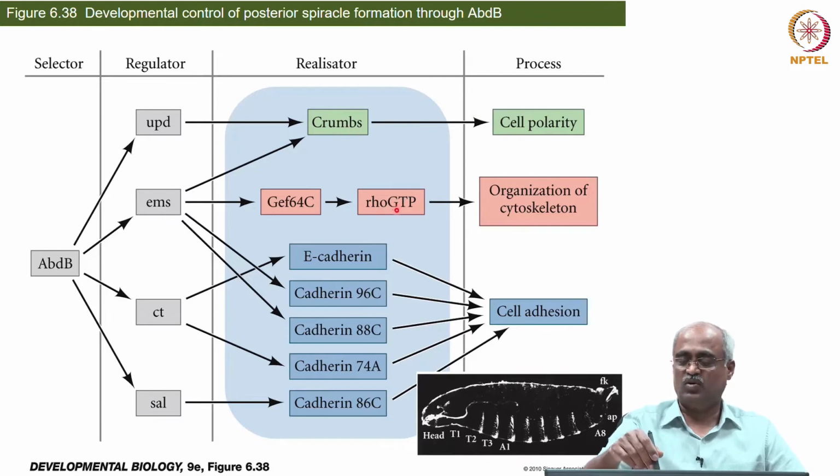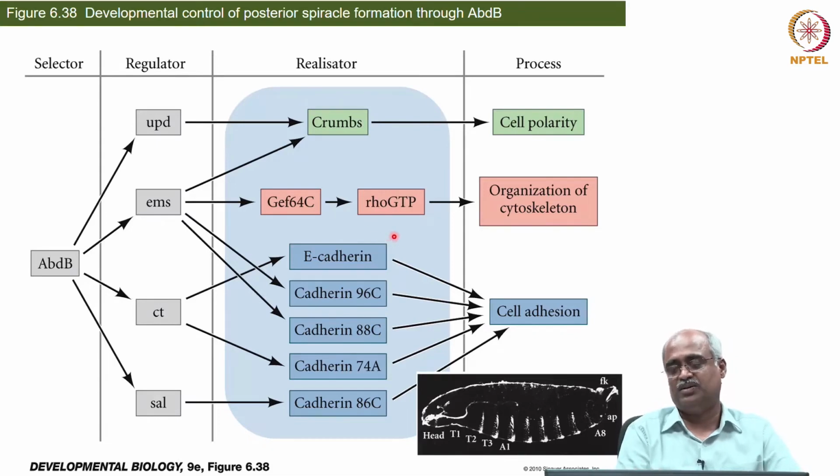And similarly these Rho GTPases, we have learnt earlier in a class that these GTPases are important for morphogenesis. To recall a Drosophila example, this is required for ventral furrow formation. So this is involved in organization of the cytoskeleton. Therefore the cell shape can change, and as a result cell function will eventually change too.